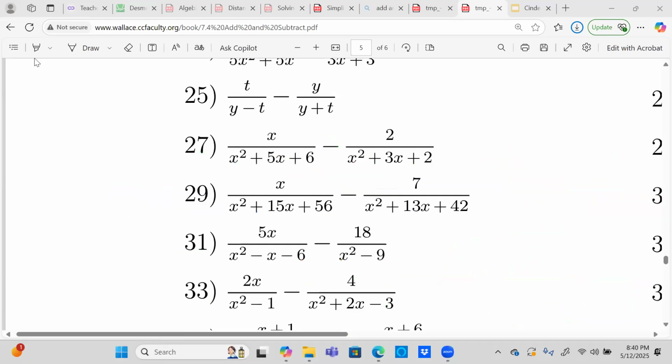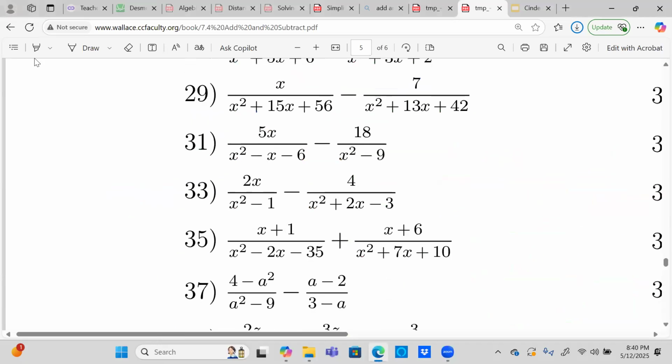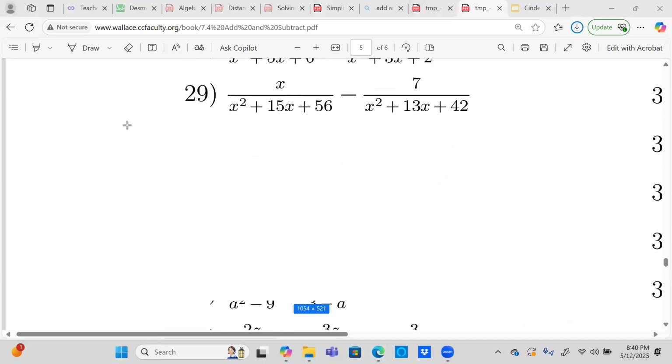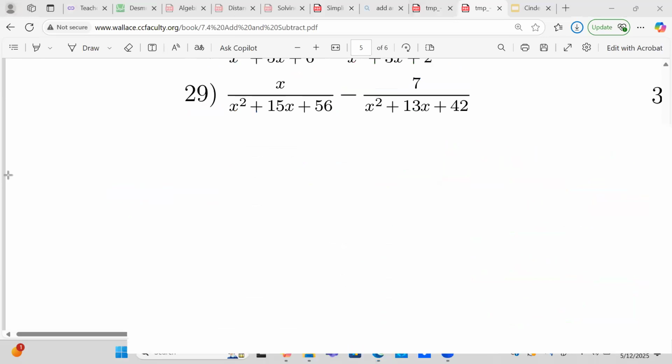Going to do 29. Ugh, those do not have a common denominator. They are both trinomials on the bottom, so let's factor this one. I'm going to come out to the side. That's a 1. So 56 and 15. Go through your times tables on 56. 8 times 7. That would add to 15. So it multiplies there, adds here.